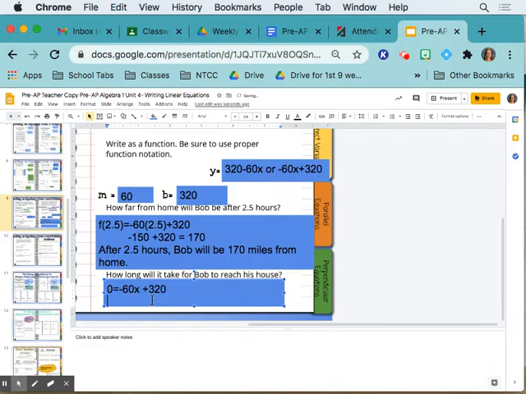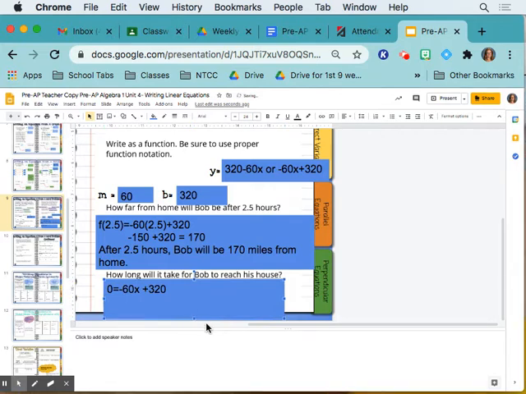We want to find out whenever he is 0 miles from home. X is the number of hours. We want to find how many hours it'll take for him to get home. There we go. Okay, so we need to solve this equation.